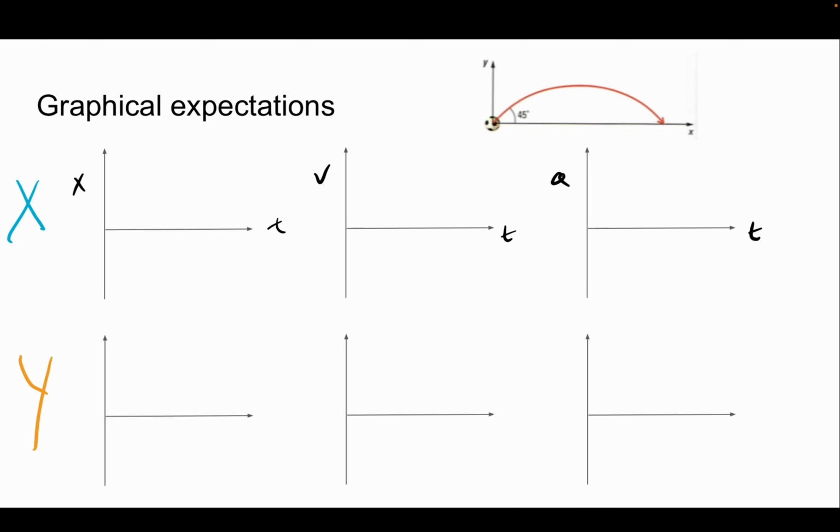So we're also going to look at our X over T, our V over T, and our A over T. In the X, you guessed it, it's URM. Therefore, we have no acceleration. That implies that our motion is going to be at a constant velocity. That velocity is going to go straight up and there's going to be no acceleration. Okay, we've done this before.